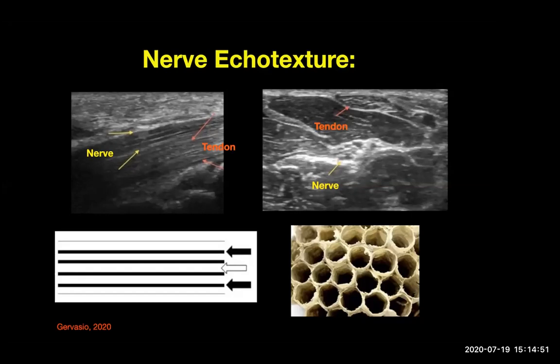And the nerve are usually trilaminar. In other words, there is a distinct echogenicity on the peripheral area in long axis. That's what you see on the image on the left. And then of course, darker in the middle. But of course, there are other connective tissue in between. So you really look at it like a tram track. It's almost like the railroad track. So that's how the nerve looks like in long axis.